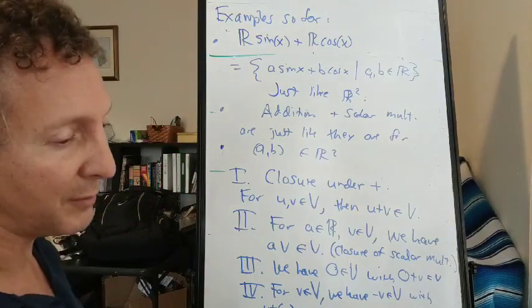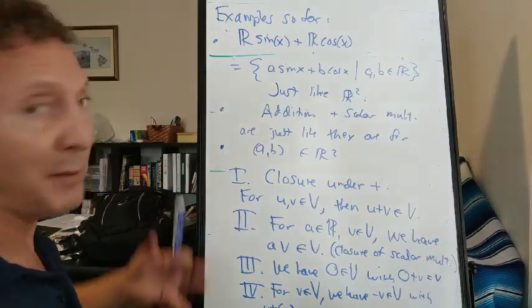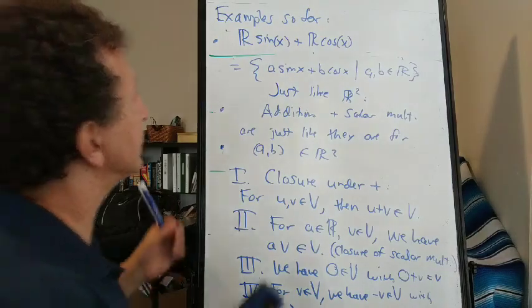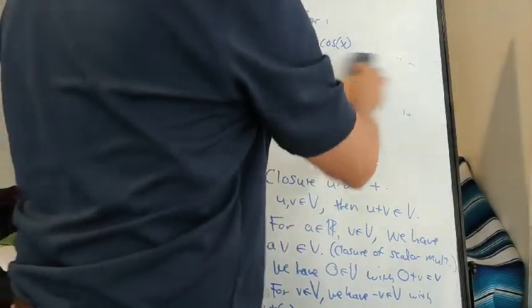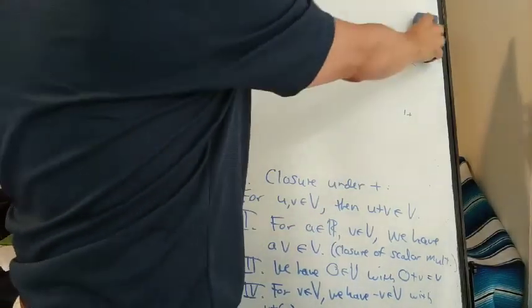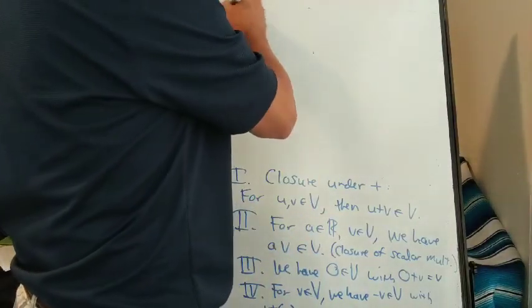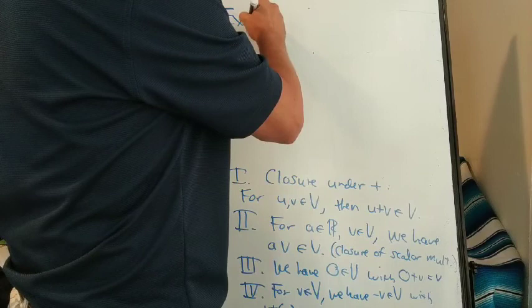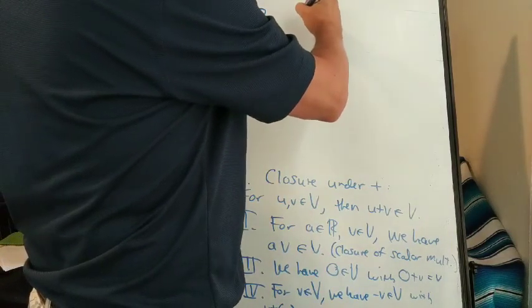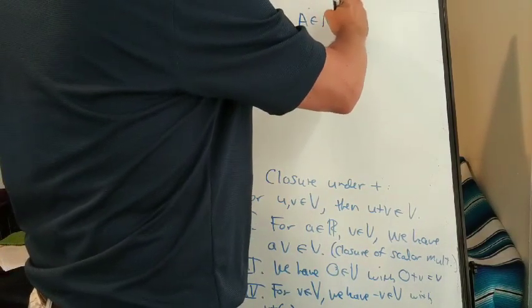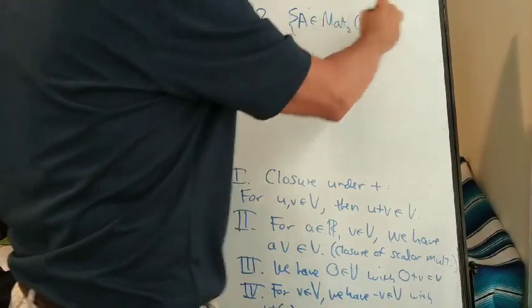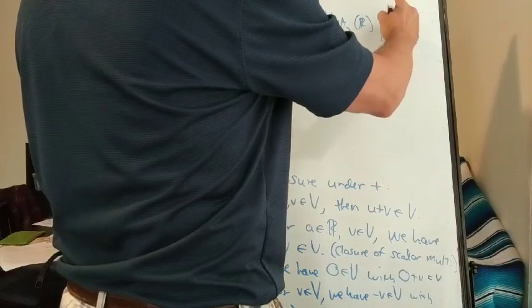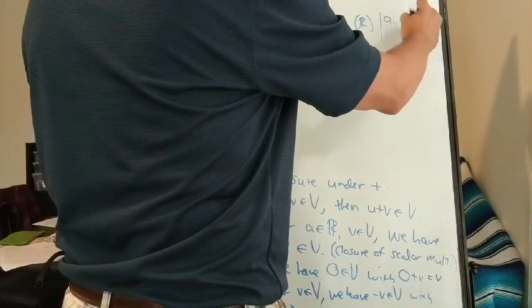All right, now let's look at some more examples and maybe some non-examples. Let's look at 2 by 2 real matrices with zeros on the diagonal.